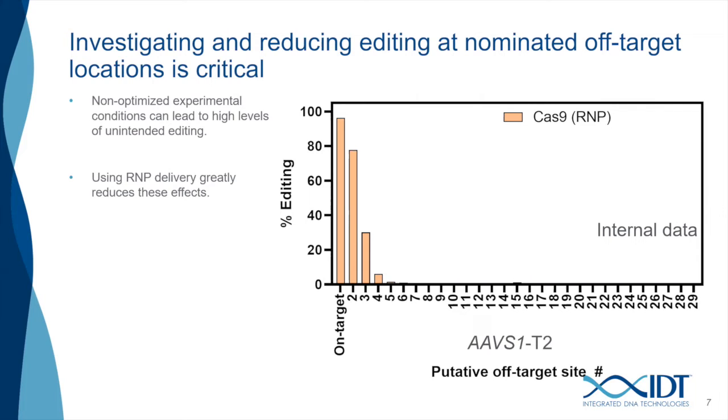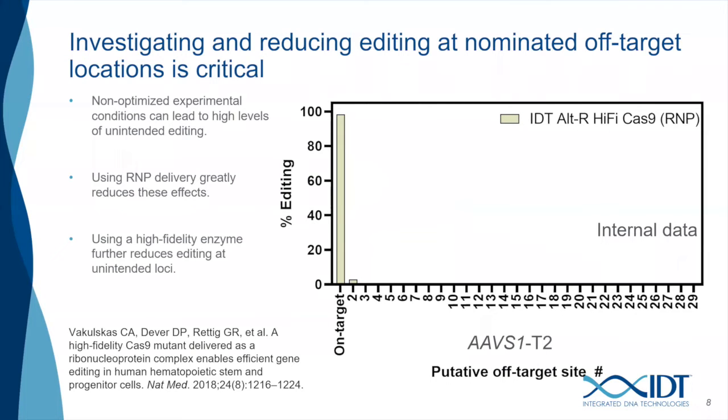Switching now from delivering into Cas9-expressing cells to delivering your Cas9 as a recombinant protein, so delivering a ribonucleoprotein complex, really reduces the number of sites where we see off-target editing, but there is still some present. And then, as we published in 2018, IDT evolved a high-fidelity Cas9 that can maintain the high on-target activity that we saw at the on-target site for this particular guide RNA, but significantly reduces the off-target editing.